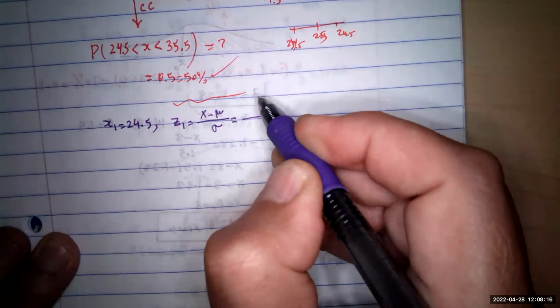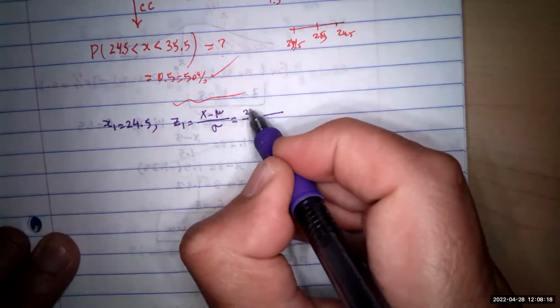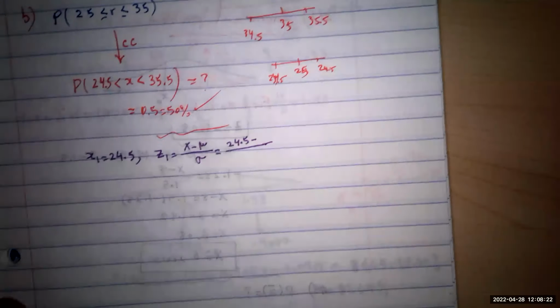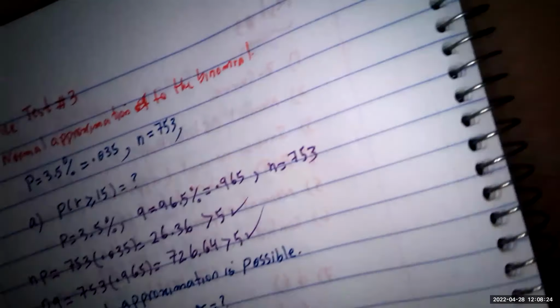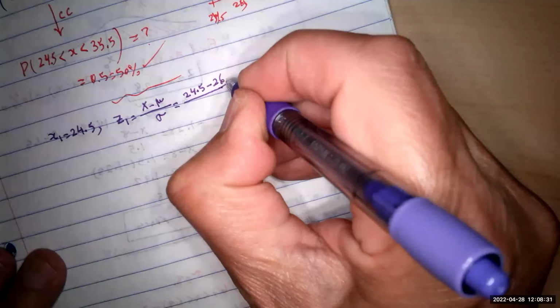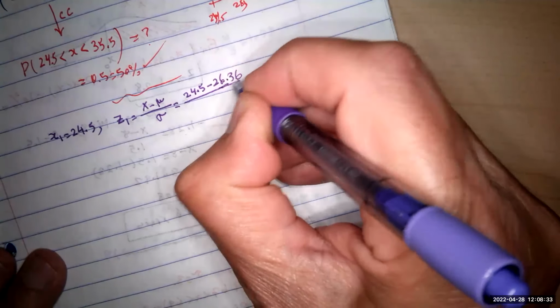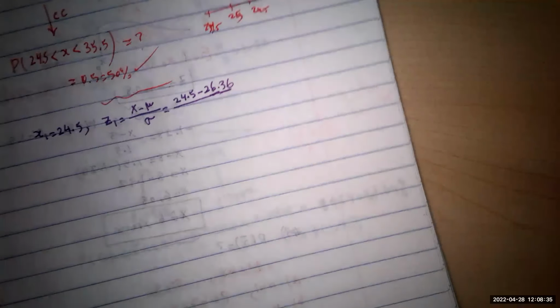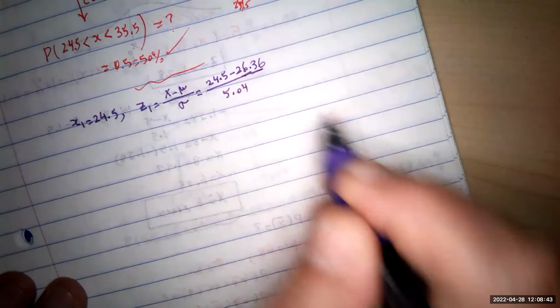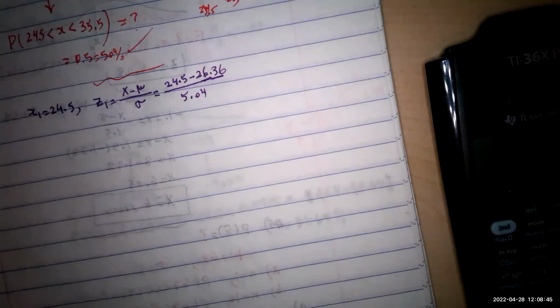In this case, your x is 24.5, and the mu, remember what was the mu? Mu was 26.36, so minus 26.36, divided by the sigma. And the sigma was 5.04. Okay, you are going to get this number.